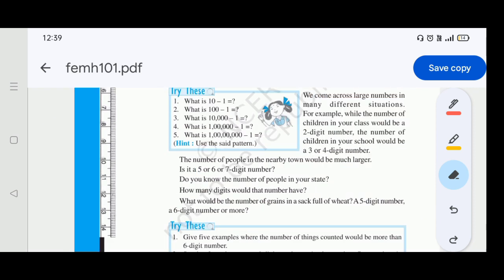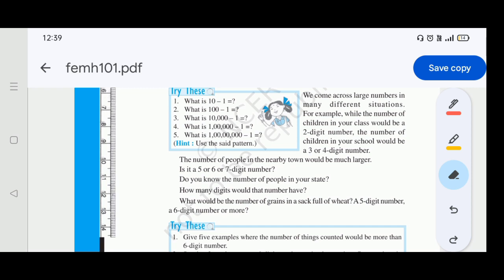We come across large numbers in many different situations. For example, while the number of children in your class would be a 2-digit number, the number of children in your school would be a 3 or 4-digit number. The number of people in the nearby town would be much larger.